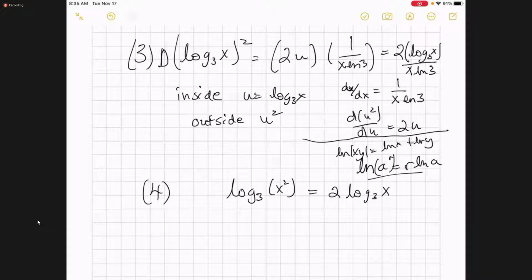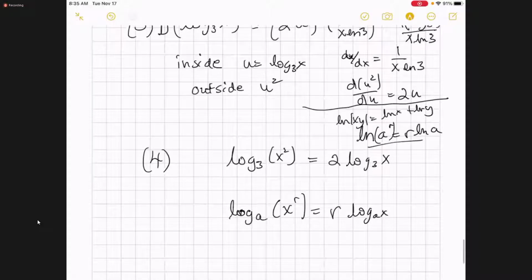The rule is, I guess you have to call it something different. The log base a of x to the r is r log base a of x. But if you have the raising to the r power on the outside, you can't do that.